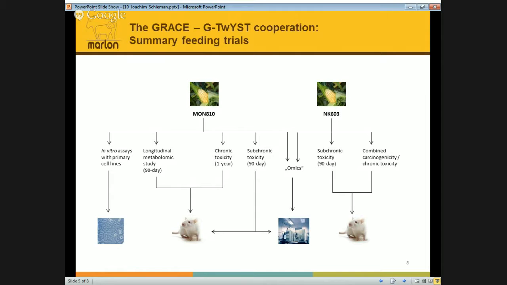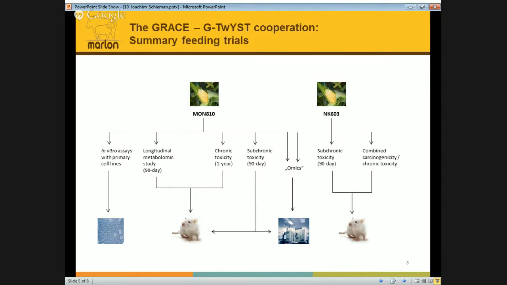As Pablo already said, GTWIS is working with NK603, grown in Canada, and we, in the frame of GRACE, are working with 1A10, grown in Spain. And we have been performing 2 90-day feeding trials, and the results have already been published in Archives of Toxicology, also together with a very nice paper on statistical analysis.